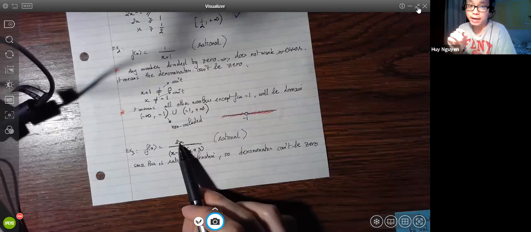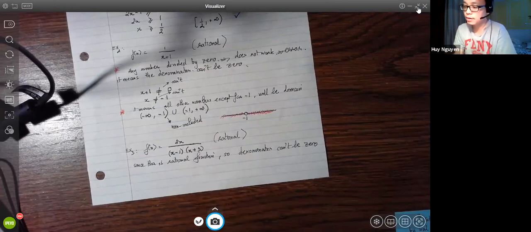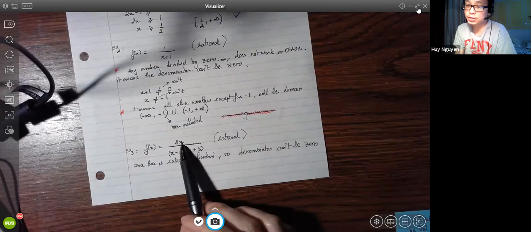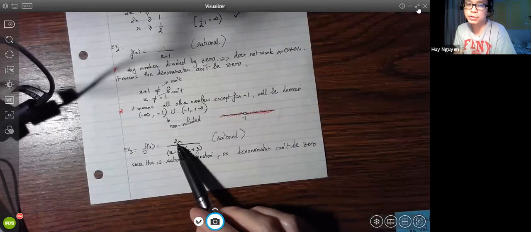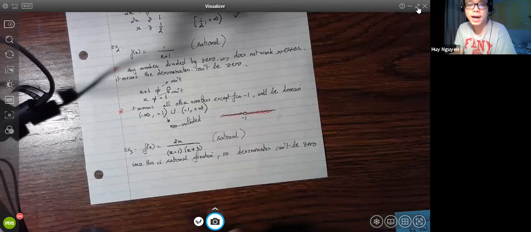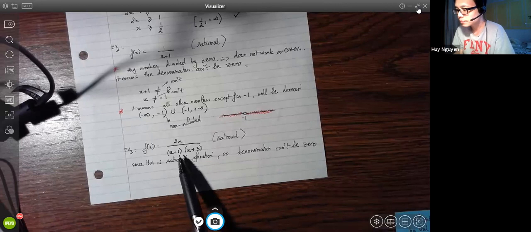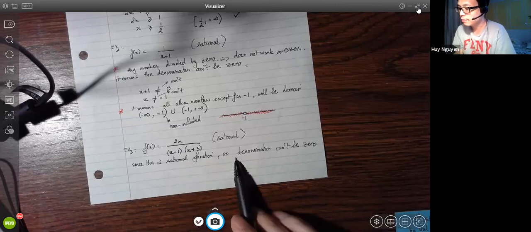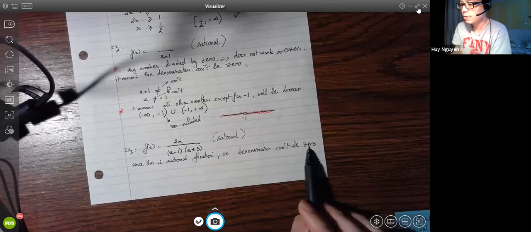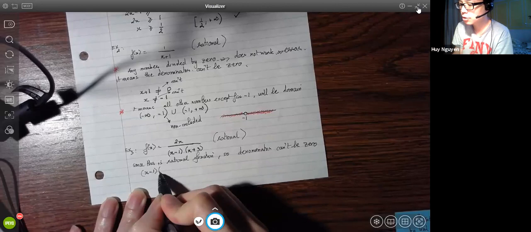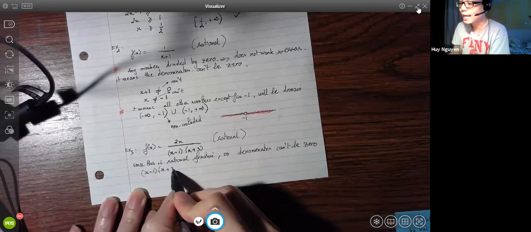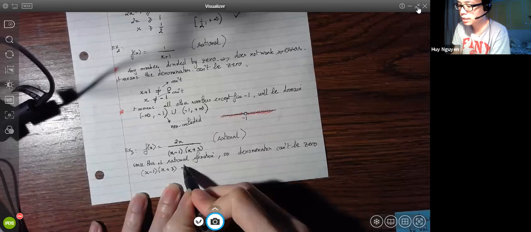If it is a radical, then we have to take that into consideration. But if the top is just a number, or something like 2x or x plus 5, then we don't care. We just care about the bottom. So the denominator can't be 0. It means we can set up x minus 1 and x plus 3.